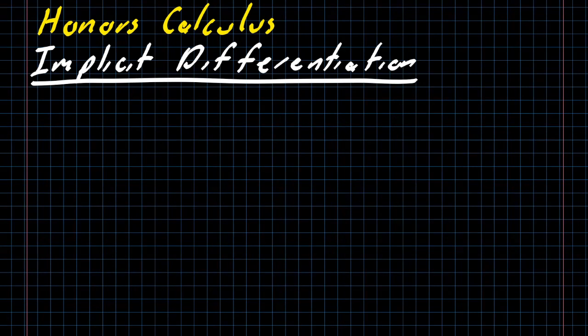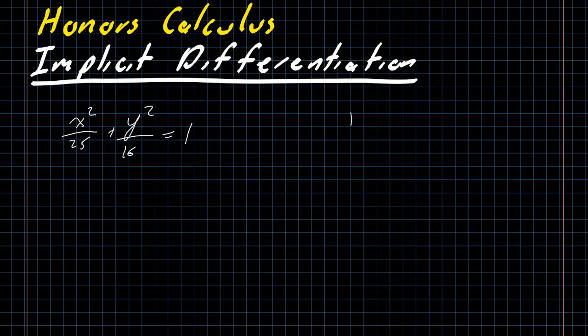We know that a graph is a function if it satisfies the vertical line test. And if the graph does not satisfy the vertical line test, then it is not a function. As an example, let's take a look at x squared over 25 plus y squared over 16 equals 1.